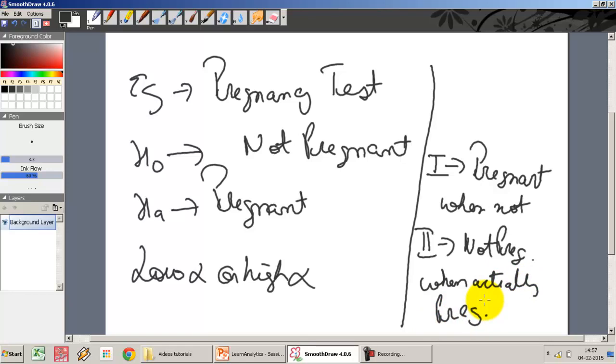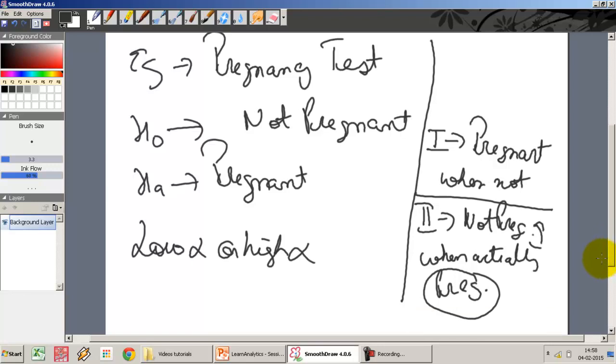I think it is quite evident that if we tell a person who is actually pregnant that the test has come out not pregnant, this can have serious repercussions. Why? Well, there is obviously the health aspect. A person has to change their lifestyle, eating habits, drinking if any, medication, further tests, doctor's appointments. These are all the actions that need to be taken when a person is pregnant.